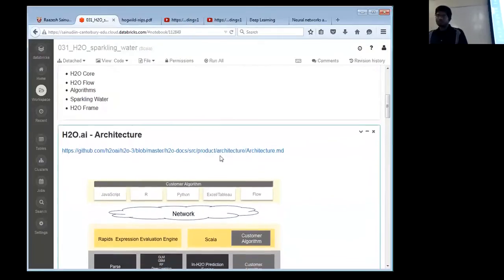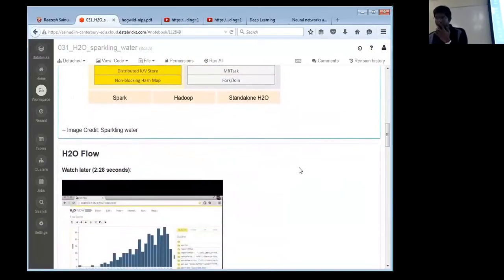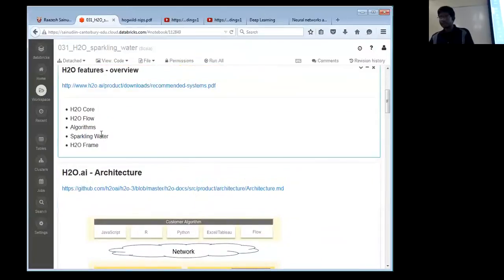Yeah, H2O flow is the UI. Yep, sparkling water is the H2O connector that runs on top of Spark. So it's a component that helps you run H2O jobs on top of Spark.